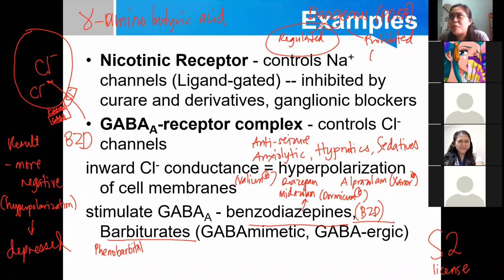It is produced at night and it is responsible for your circadian rhythm and your sleep cycle. I don't know. There are many kinds of causes of insomnia. Some are depressed, some have anxiety. Insomnia has many causes. So, it depends. Yes, that is right, Sarah. We can also call these tranquilizers. Pampatulog, pampakalma. Tranquilizers.